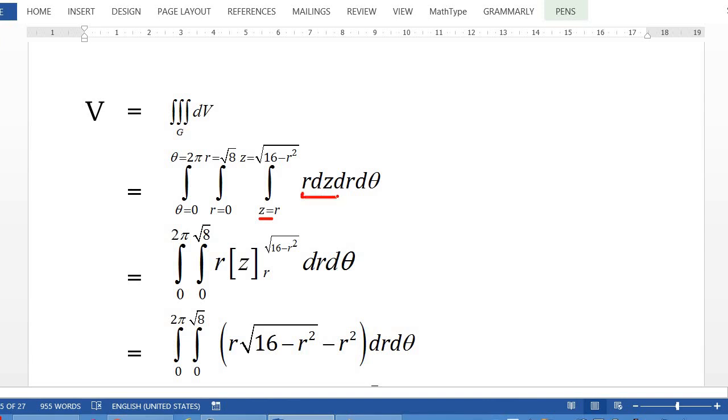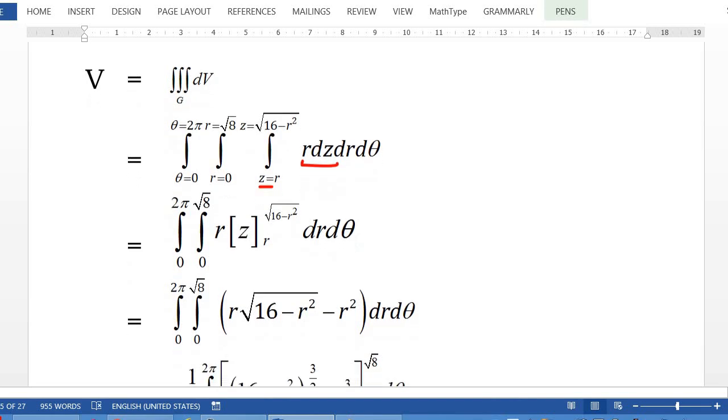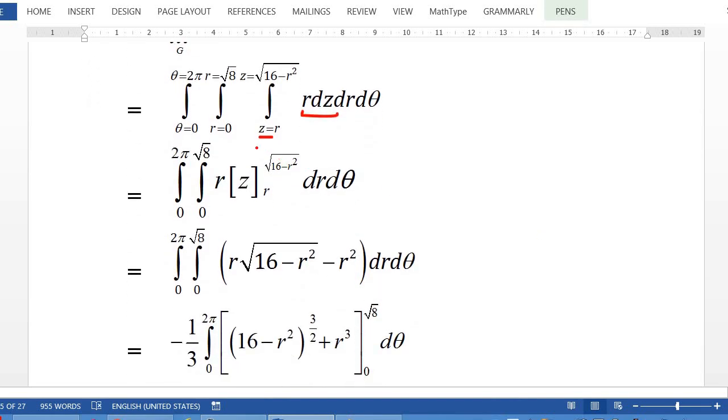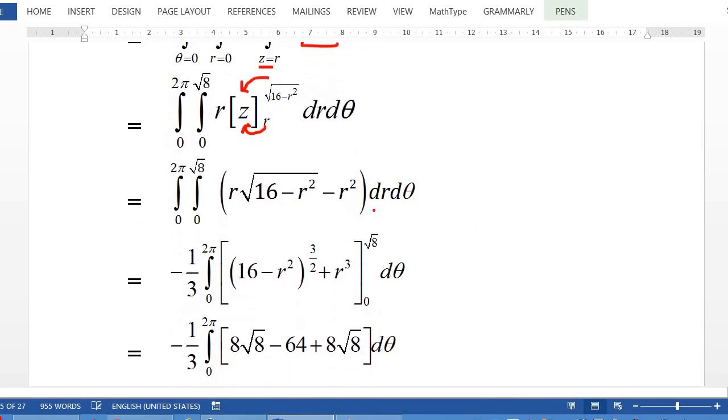So integrate r dz, we have rz. Plug in the limit for z here. So r times root of 16 minus r squared, minus r times r, which is minus r squared. Integrate with respect to r. Again, you can either use your calculator or a substitution technique, as I showed in the previous example.